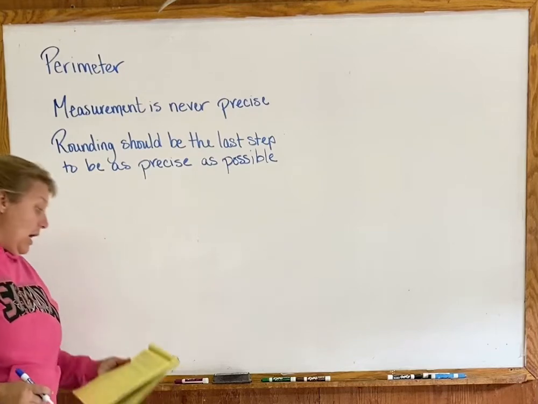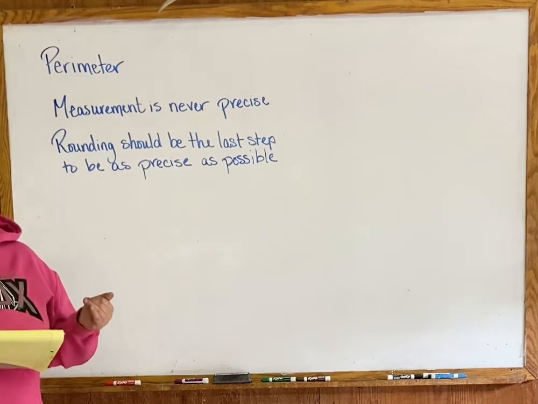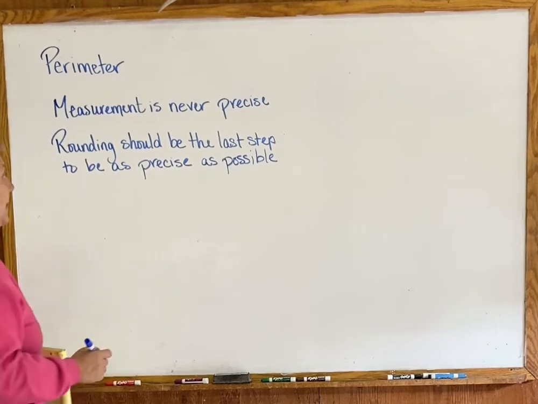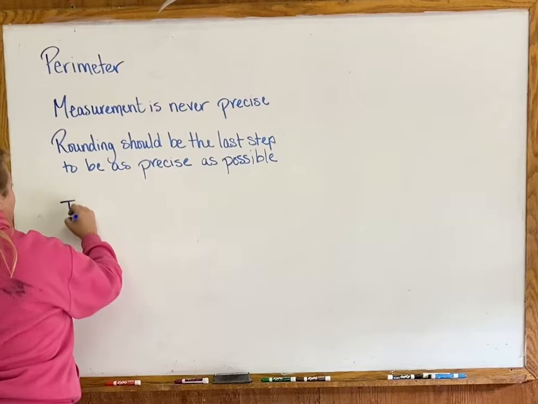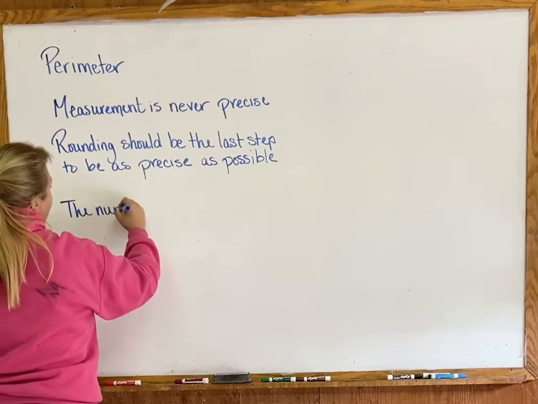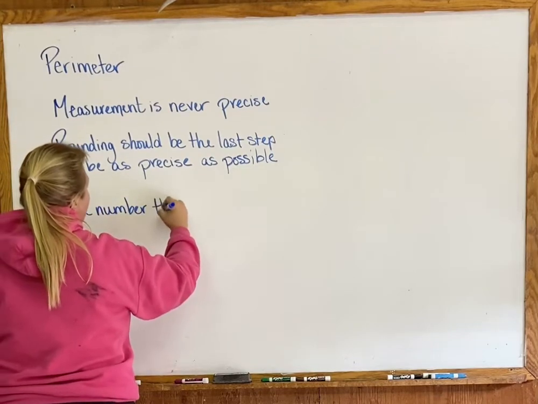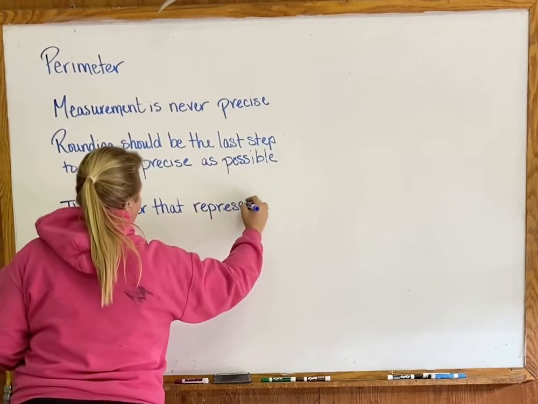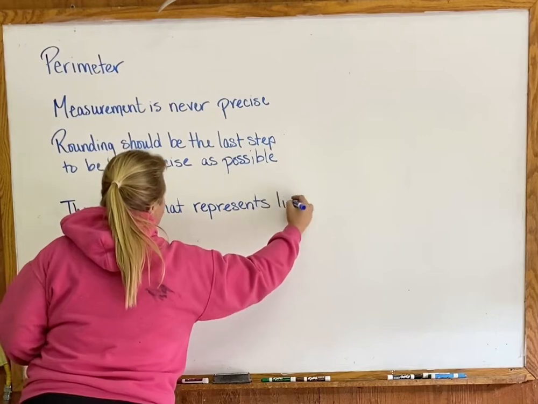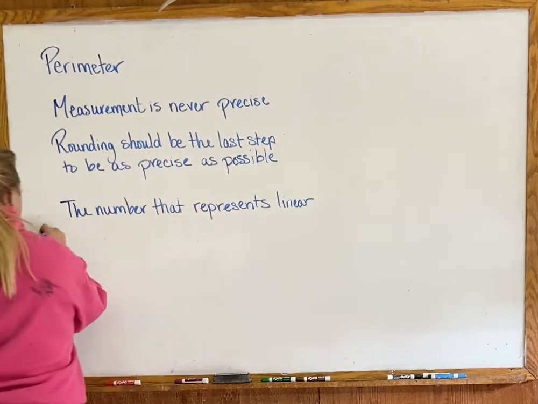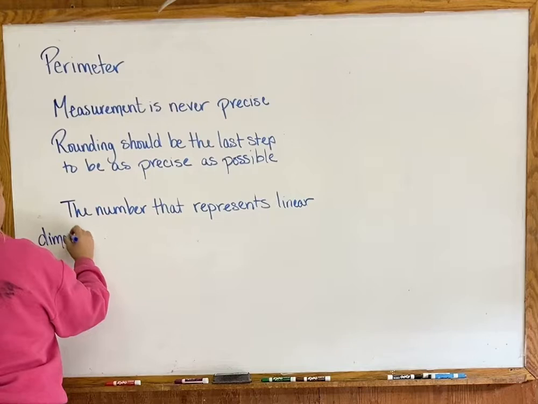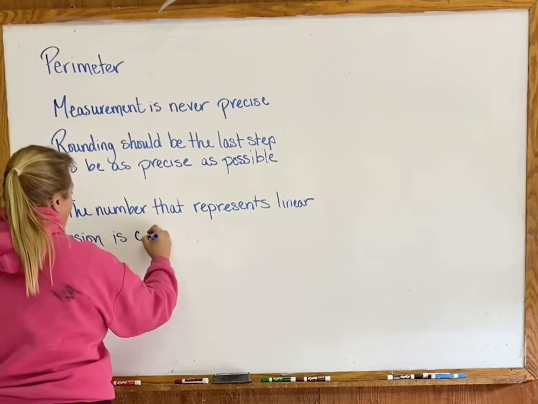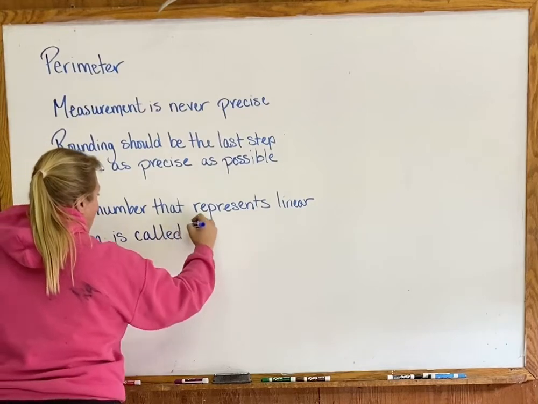Okay, so when we talk about perimeter, it is a linear measure or a linear dimension. The number that represents a linear dimension is called length.